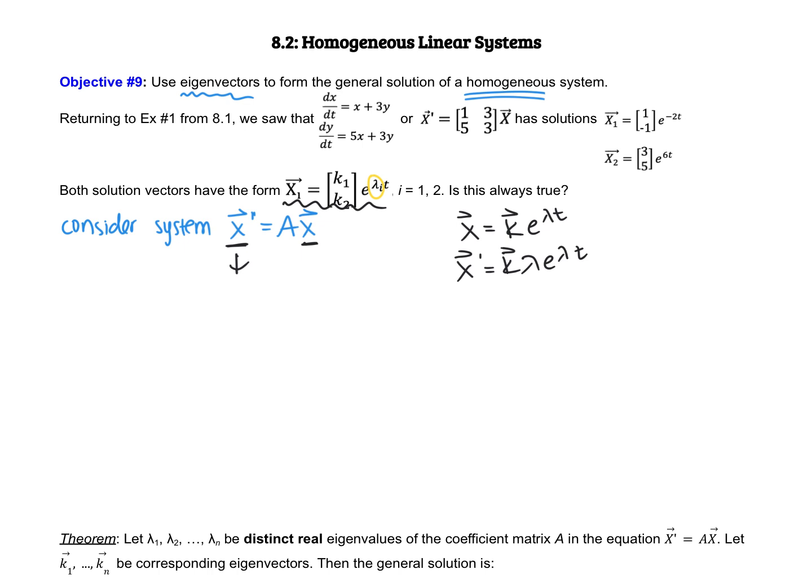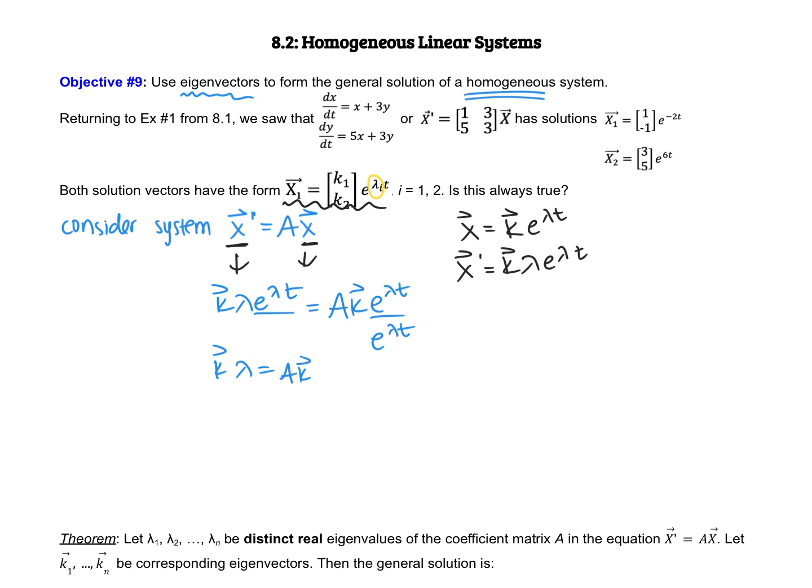So if we substitute those in, we're going to get k lambda e to the lambda t is equal to A k e to the lambda t. Well, e to the lambda t is never 0, so I'm going to divide that out, which gives me k times lambda is equal to A times k.